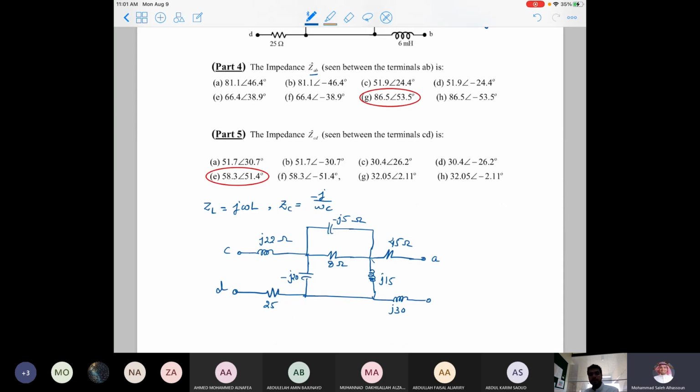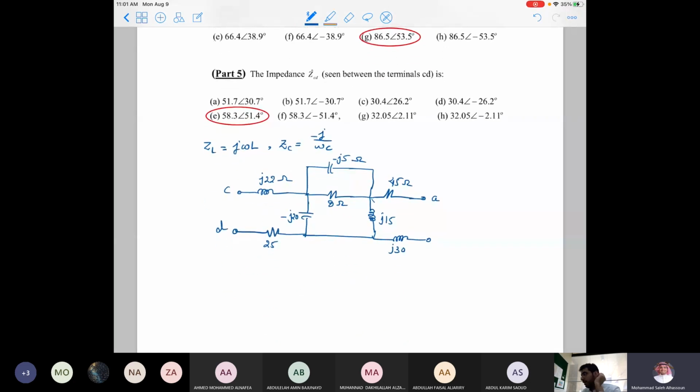Okay, now everything is in terms of impedance, so I can easily find the impedance. So the first step here is, you notice when you look into the impedance between A and B, and J22 ohm, this one, and that one do not have current.